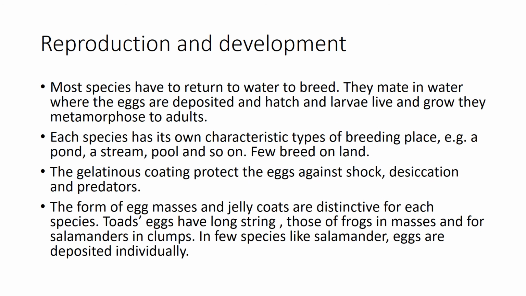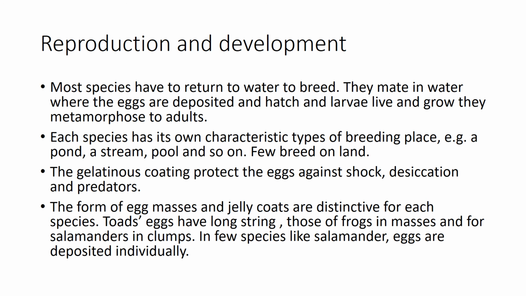So we look at reproduction and development. Most species have to return to water to breed, as we said earlier, which is one of the characteristics. Breeding is in water only. They mate in water where the eggs are deposited and hatch, and the larvae live and grow.